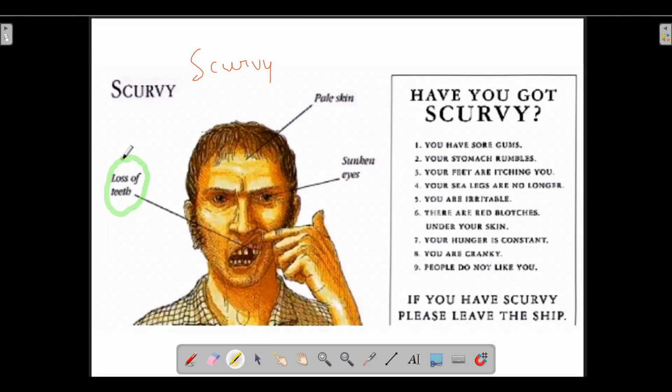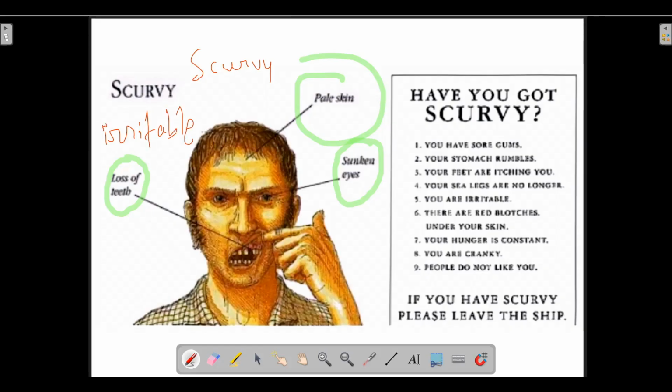For example, loss of teeth, sunken eyes, and pale skin. Also the person will be very much irritable.